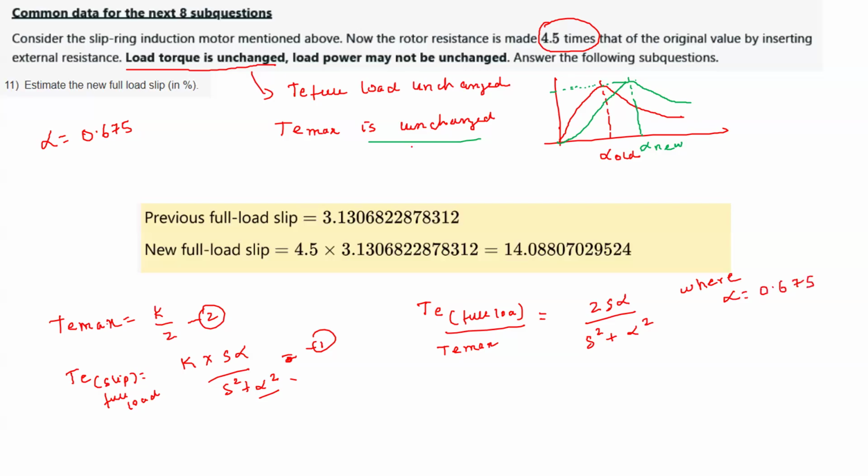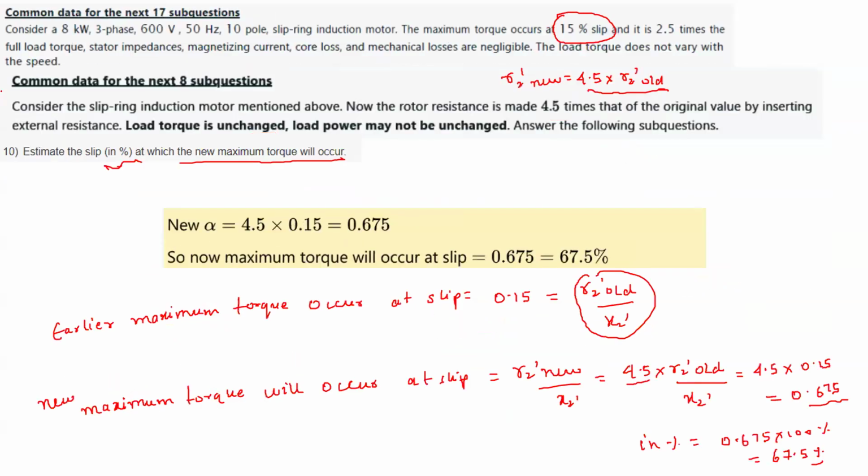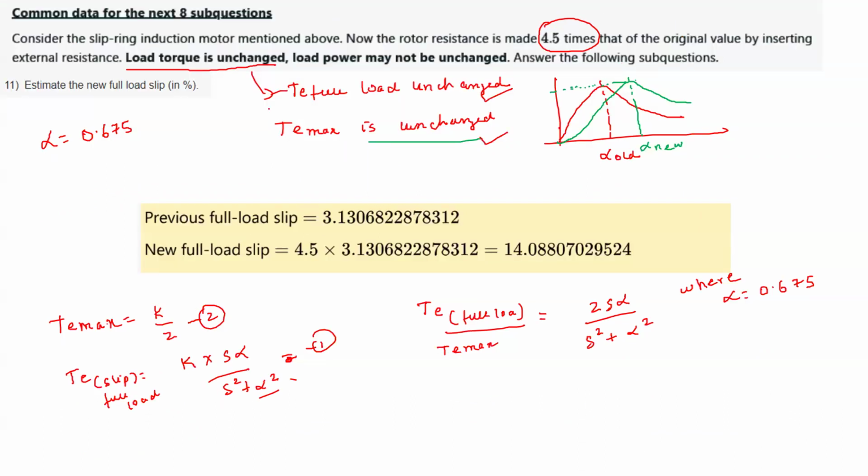Because T_E full load is unchanged and T max is unchanged, the data is the same. This question is having the same data, so this ratio was 2.5 times, and this ratio does not change because these two are not changing. So this is 1 by 2.5.